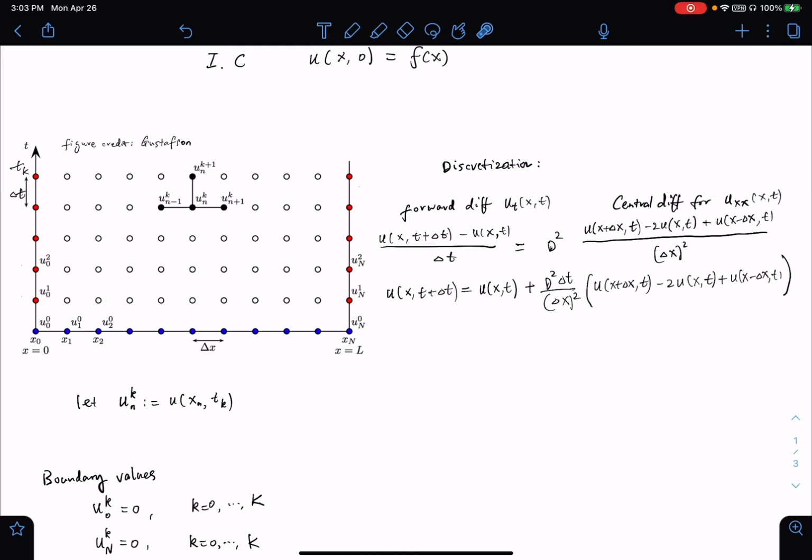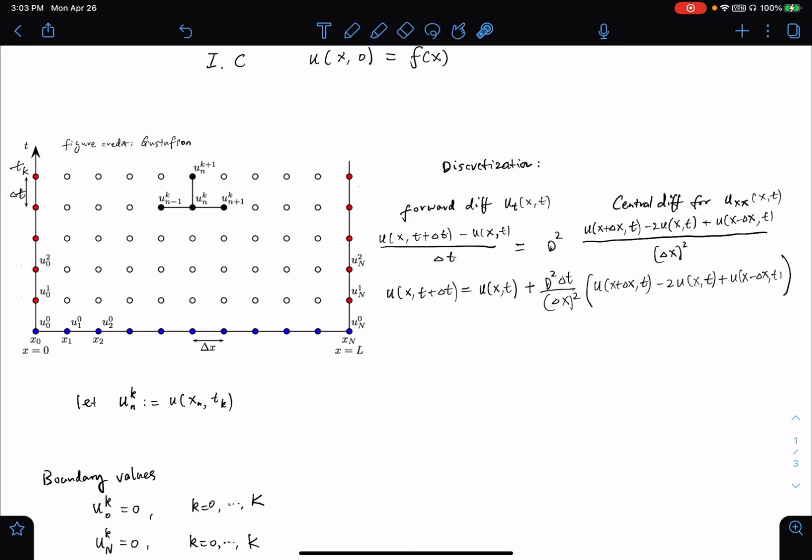Let us put a grid in our xt plane. This is the x-axis, this is the t-axis, and we put a spatial grid and a time grid, generating a grid in the xt plane.